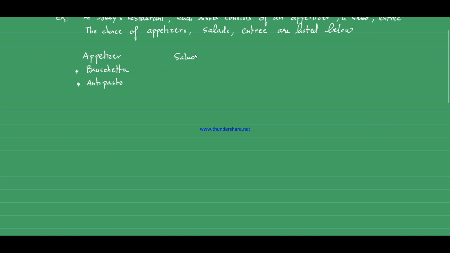Then for the salad, we have two types: Caesar salad and green salad. And for the entree, we have ravioli, salmon, and lasagna.